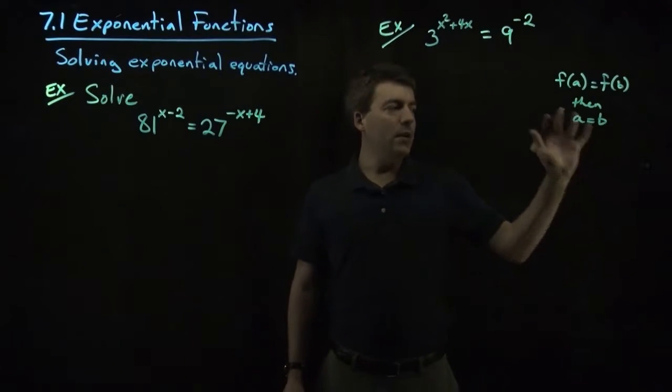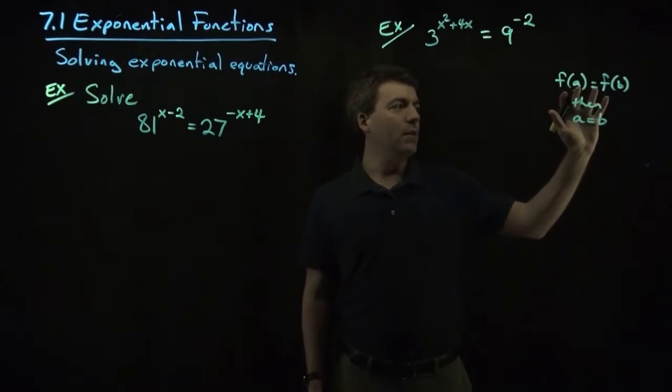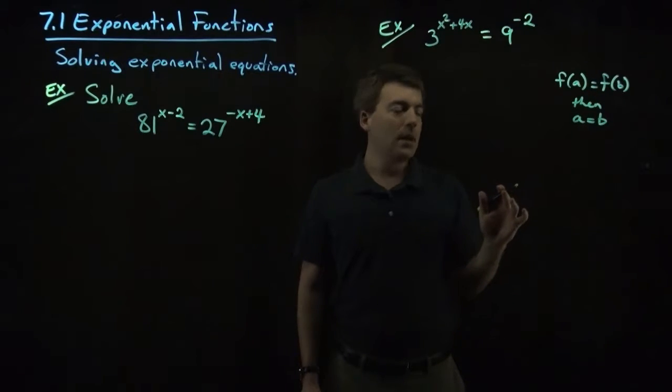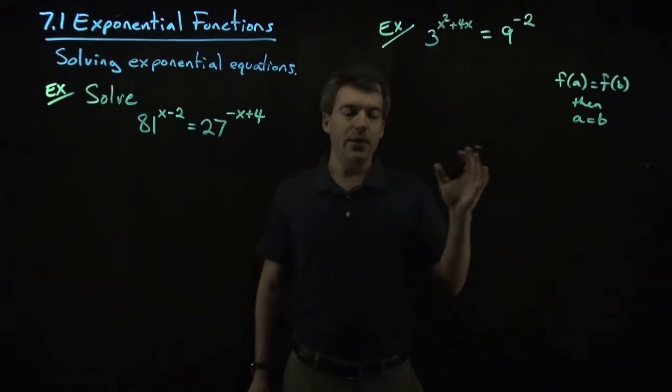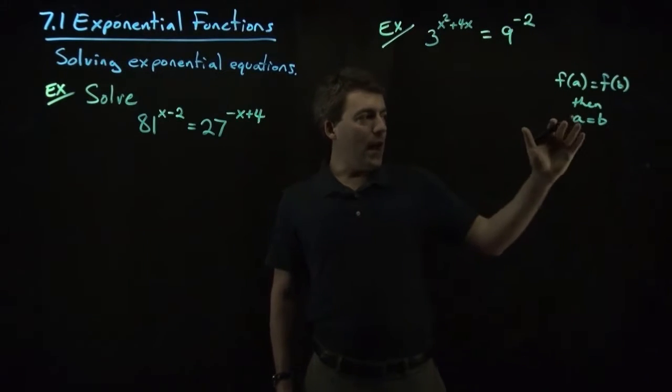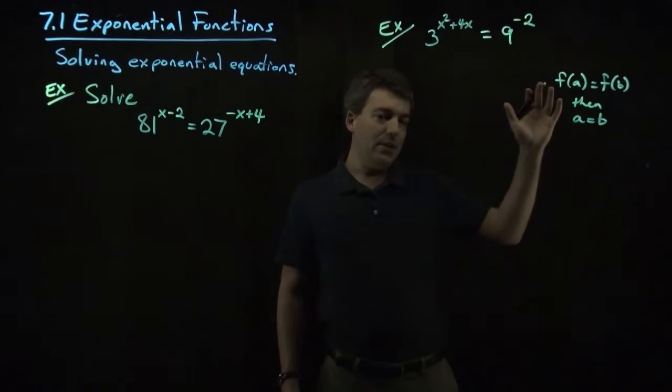So that means equal inputs lead to equal outputs. Functions that are not one-to-one do not have this property. Stuff like x squared could have two different inputs that lead to the same output.